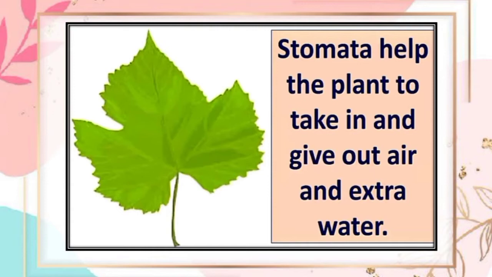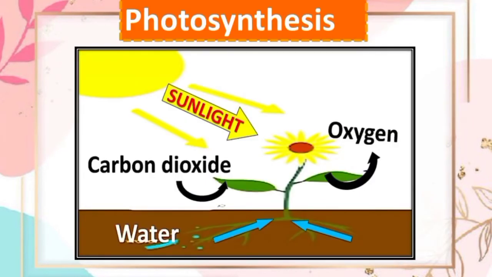So plants breathe too. They also breathe, but they do it through tiny openings, which allow the intake of carbon dioxide and release of oxygen. It's very important that they do this because we need oxygen. Now let's understand how leaves make food.